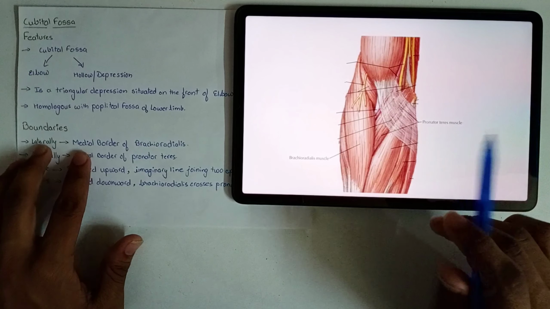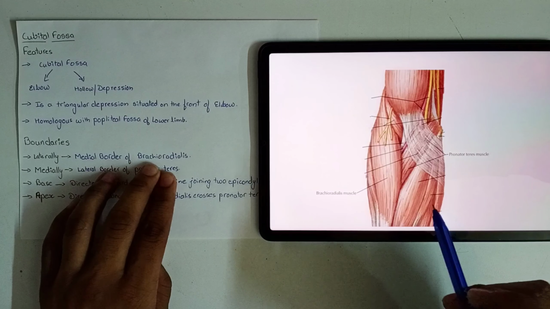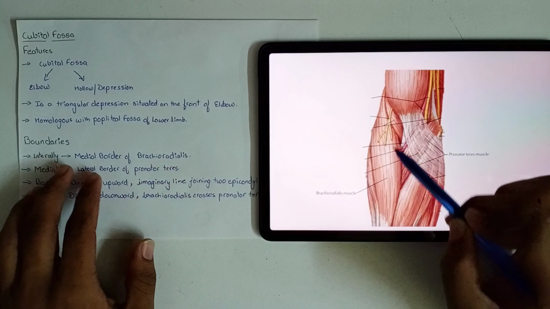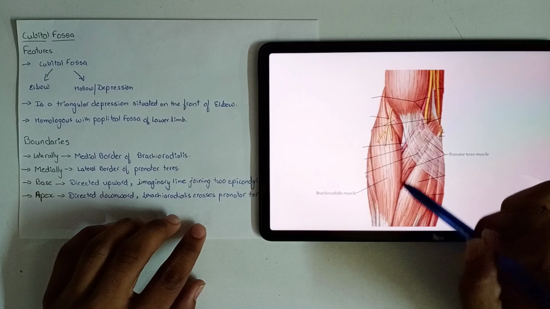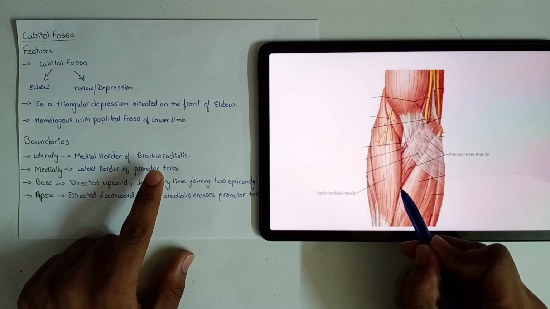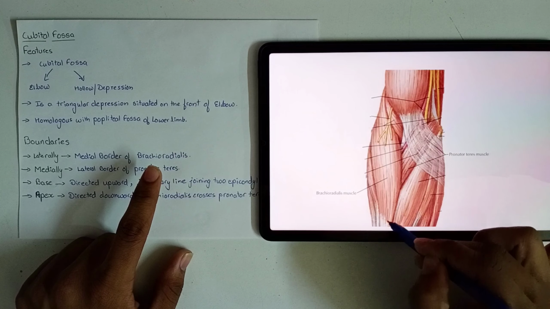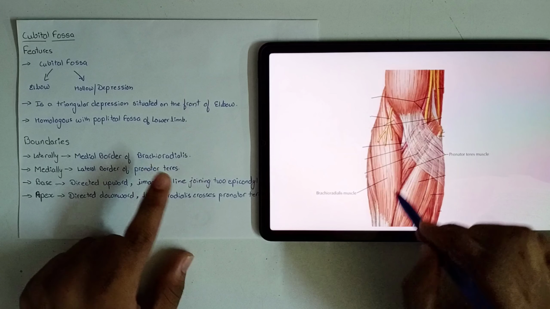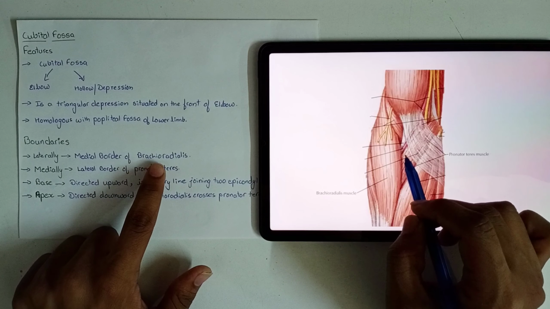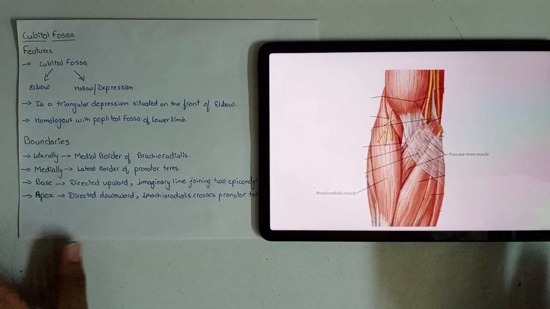So what it is saying, laterally medial border of brachioradialis. This is the lateral muscle. This is the lateral boundary of cubital fossa. It is formed by the medial border of brachioradialis. Can you see? This is the medial border of brachioradialis. This one is the brachioradialis muscle. The medial border of brachioradialis forms the lateral boundary of cubital fossa.